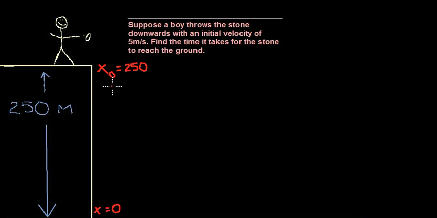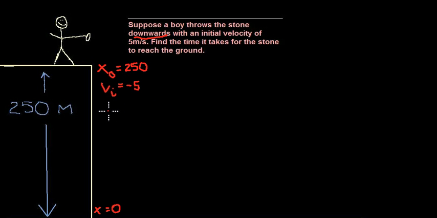Okay, so the problem tells us that the boy throws a stone downwards with an initial velocity of 5 meters per second. Be really careful when you read the problem. It says downwards. He throws the stone downwards. So the initial velocity is not going to be positive. It's actually going to be negative. So our initial velocity is negative 5 meters per second. I'm not going to write the labeling because we pretty much know now what V stands for, what X stands for.